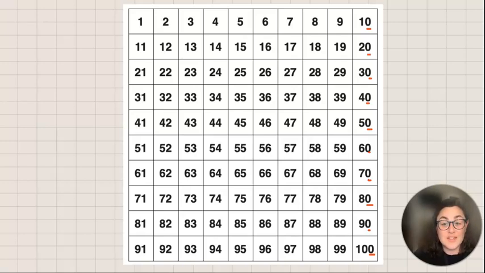After 7 tens is 8 tens, so we say 80. 81, we're almost there. 82, 83, 84, 85, 86, 87, 88, 89. So 89 has 8 tens. After 8 tens, that's when we have 9 tens, 90. 91, 92, 93, 94, 95, 96, 97, 98, 99.